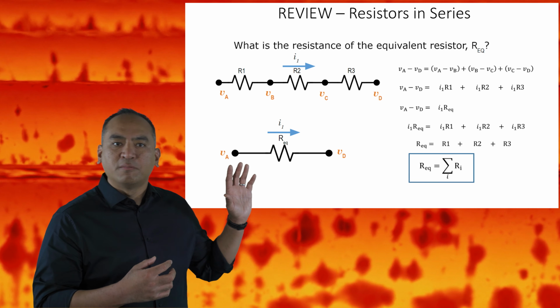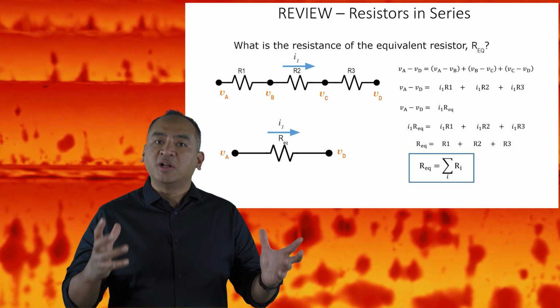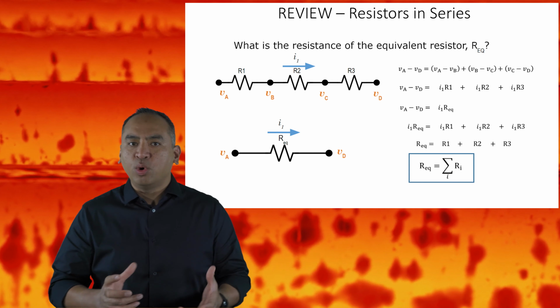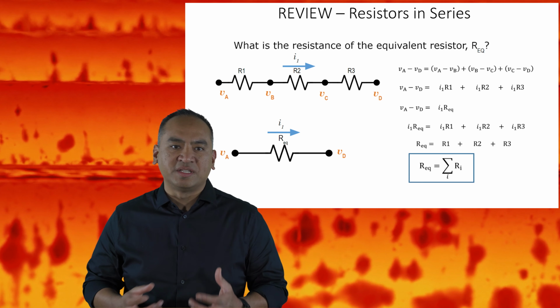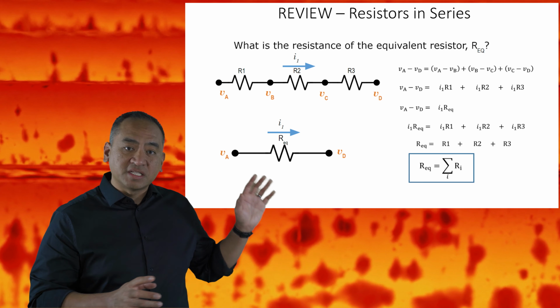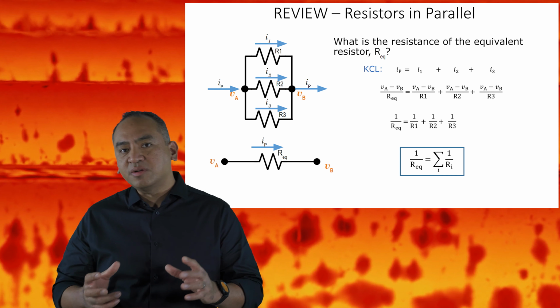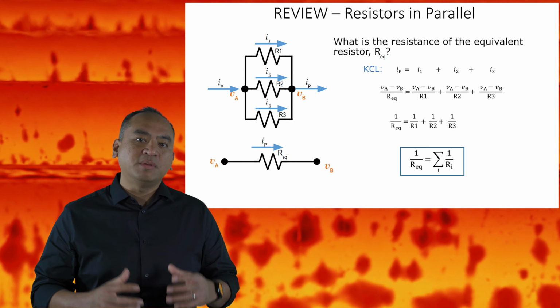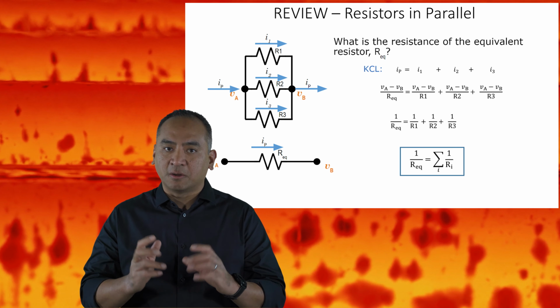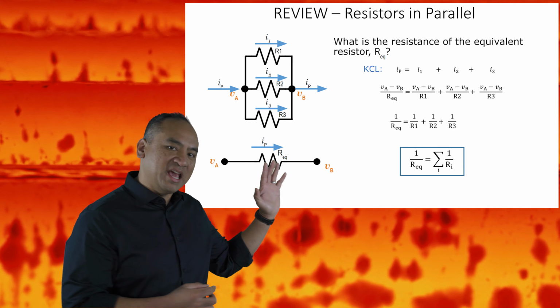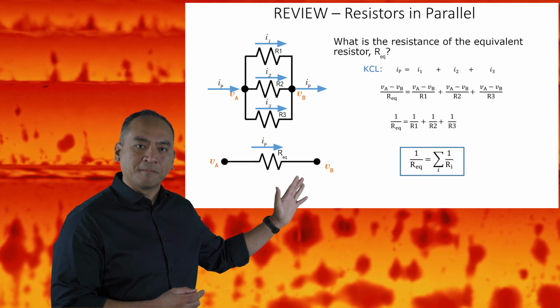If you have resistors in series, you can collapse these resistors in series to a single resistor. The equivalent resistance of the single resistor is equal to the sum of the resistances of the three resistors. Resistors in parallel can also be collapsed into a single resistor, which has an equivalent resistance, R sub EQ, that can be calculated using the equation shown here.